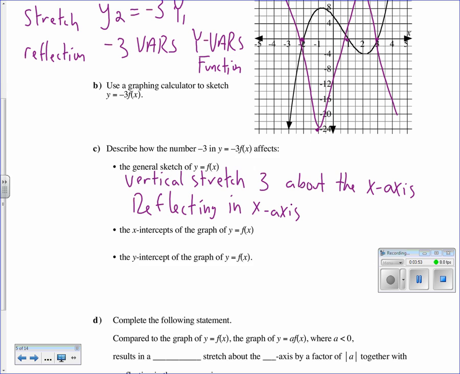What happened to the x-intercepts of the graph? They didn't change. The x-intercepts are still the same. The y-intercepts certainly did change, and my maximums and minimums changed. So the y-intercepts plus my maximums and minimums changed by a factor of -3.